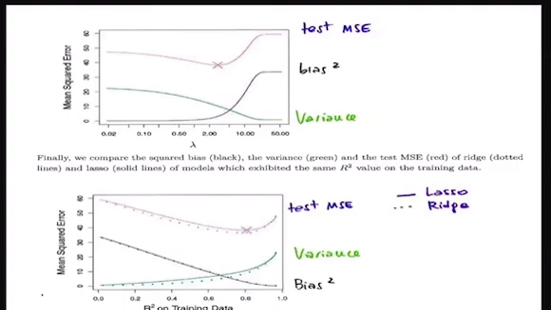For both, you have test MSE. Of course, to be able to take a decision is going to depend on your intention. Do you want to predict or do you want to explain? Please pay attention when choosing between using ridge and using lasso.